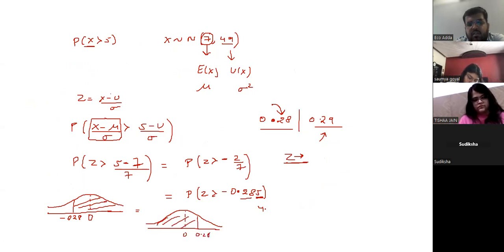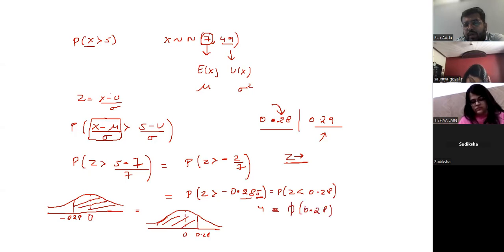Therefore, my answer is Z is less than 0.28, and here you will write, because normal distribution is a symmetrical distribution, which is equal to phi of 0.28. Does that make sense? All clear? Any doubts, anyone? Can we move forward then? Yes. Okay.